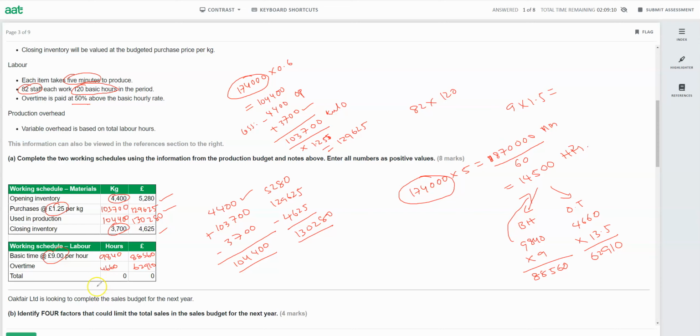The total should be 14,500 hours and 151,470. That's just the total. All right, so we have done our part A, the calculation part. So now we can move to our next part, that will be part B. So let's move on.